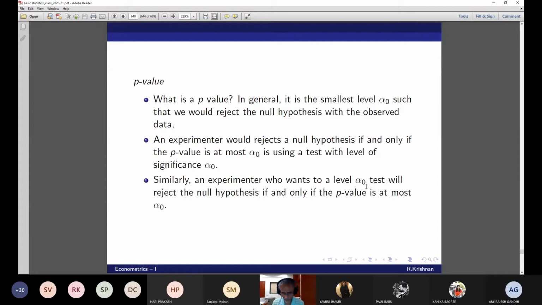That means the null is rejected at the 5% level, but accepted at? Between 5 and 2.27, can we say it is accepted at 1% level? No, sir. Why? So it will be rejected, right? Why? Because the p-value is 2.27 samples out of 100.